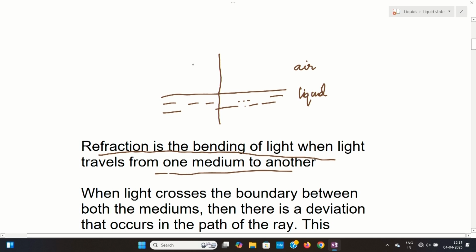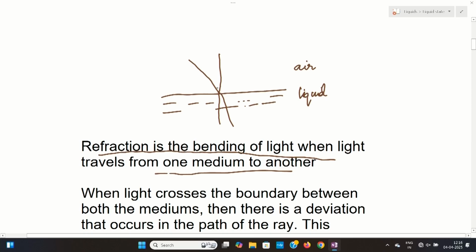When light travels in air, the direction of light will be like this, and when light travels in liquid, it shows some variation or it bends. That means the light ray is refracted. This is nothing but refraction. Refraction is the bending of light when light travels from one medium to another.